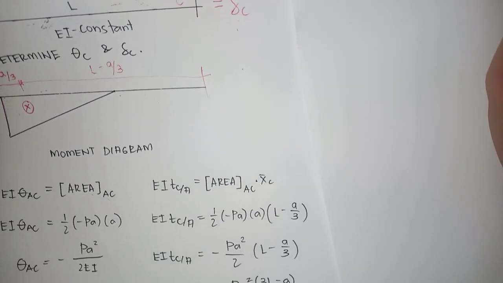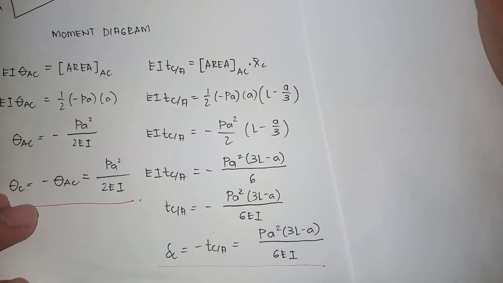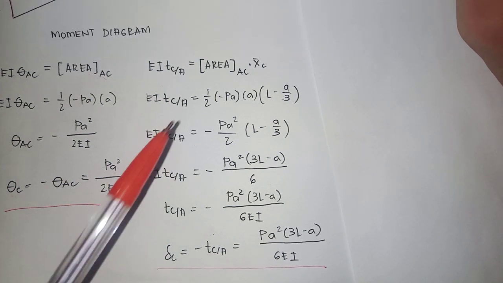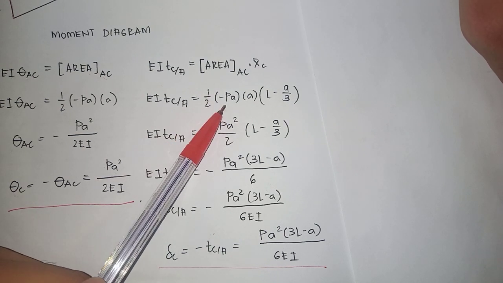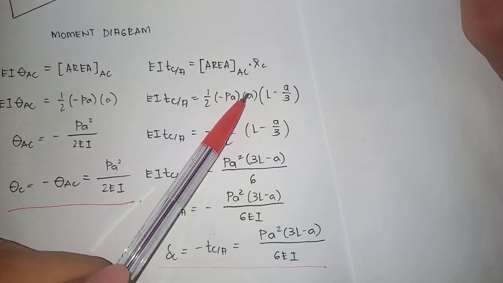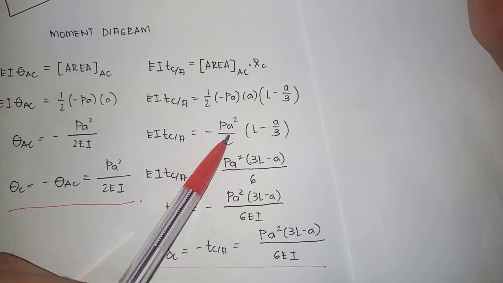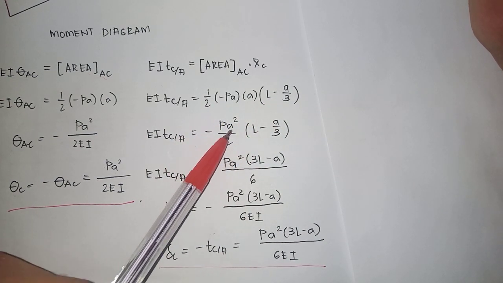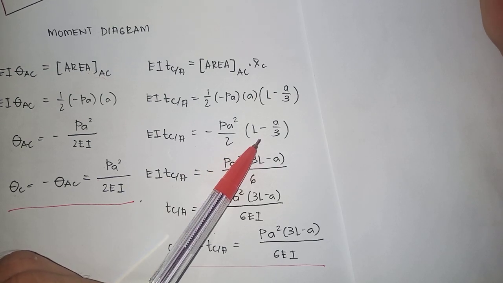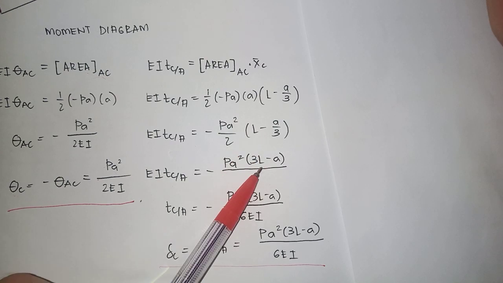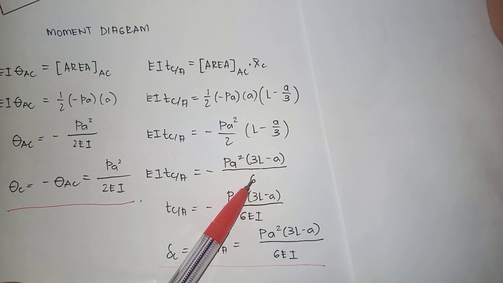So, napakahalaga kasi ng formula na to sa ating mga susunod pa na discussion or susunod na examples. Okay, so we have what? 1/2 times negative PA times A, yun yung area kanina, times the quantity L minus A over 3. So, pagsamahin natin, ito yung kanina, negative PA squared over 2 times this quantity. So, performing algebra, magiging 3L minus A all over 3 ito. Ito yun. So, 3 times 2 will become 6.